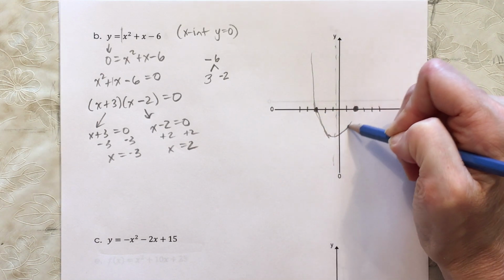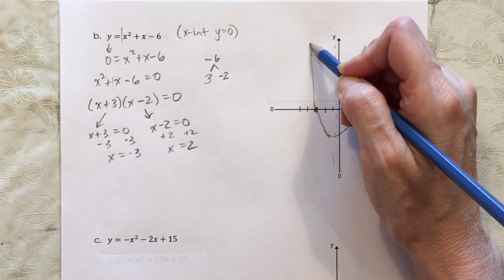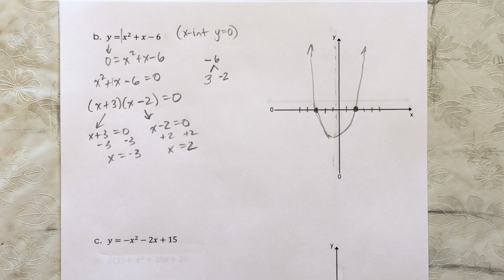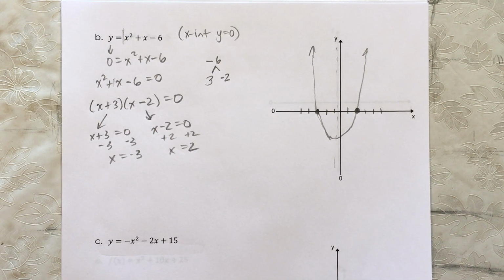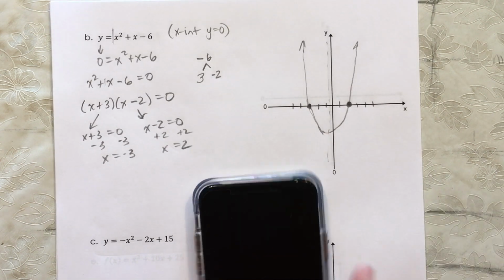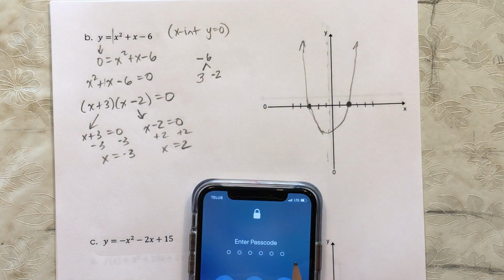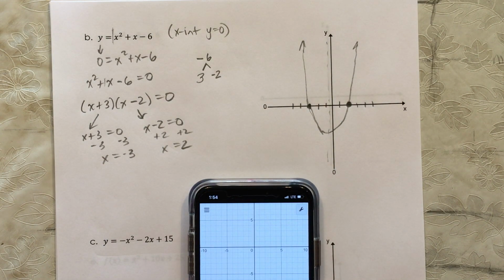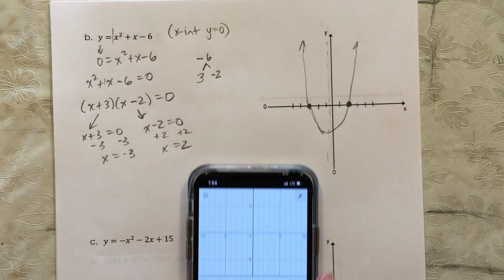We're not too worried about where the vertex is, just that we know where the x-intercepts are. Okay? All right. And that this one opens upward for sure. If I wanted to know where that was, again, you could do it using math. Average the x-intercepts, or you can type it in to Desmos.